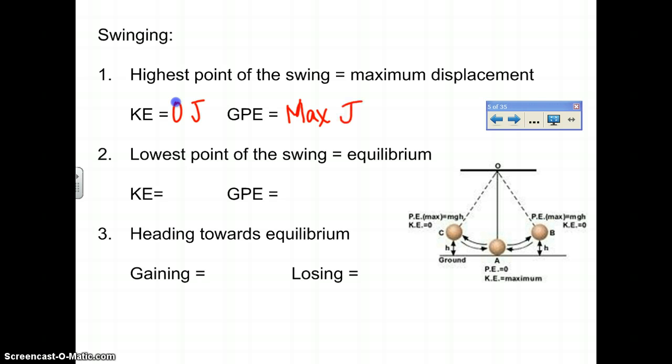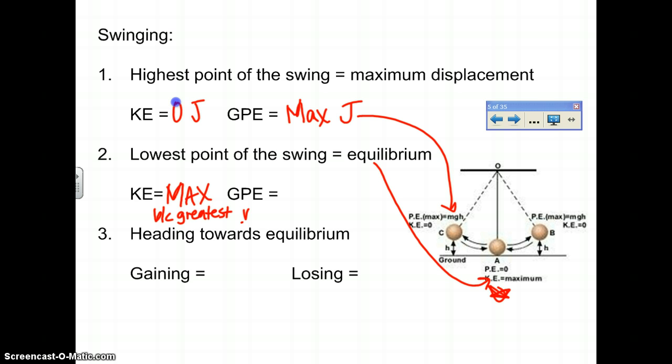At the lowest position of the swing, now you're at equilibrium, okay? So at the lowest point of the swing, what we're looking at is a KE of max, because you're traveling the fastest, because this is where you're going to have your greatest velocity, and your GPE is going to be 0 joules, or at least it should be if all of the PE is converted into KE.